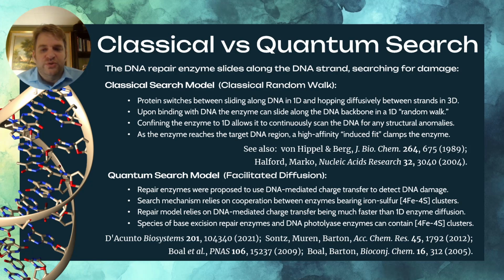So we have an induced fit model that says that the enzyme finds a place where the DNA is damaged. There's basically a little kink or changed structural properties at the damaged point, and the enzyme naturally clamps onto this position.